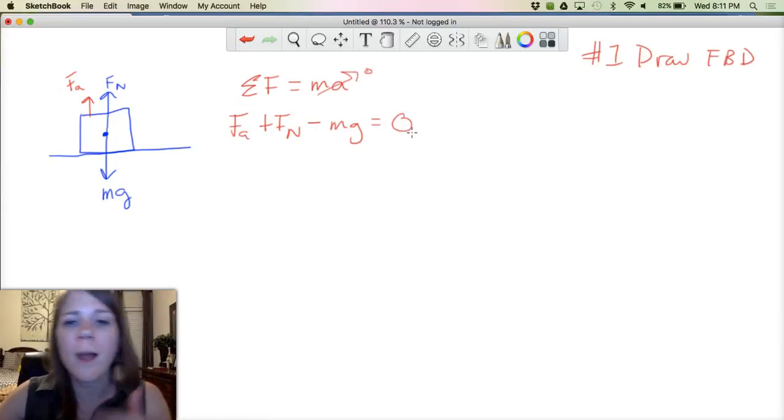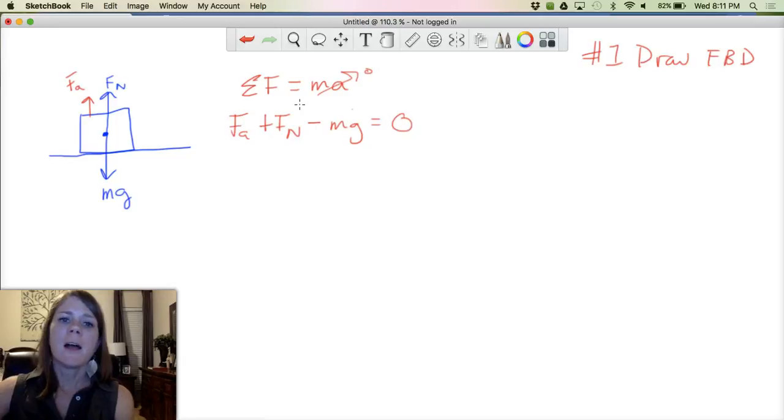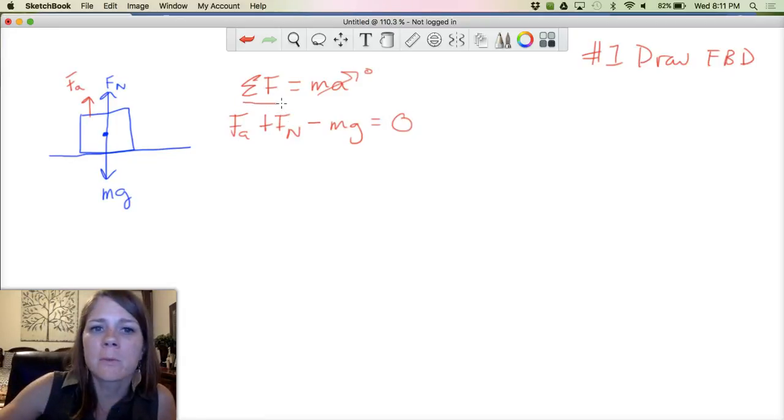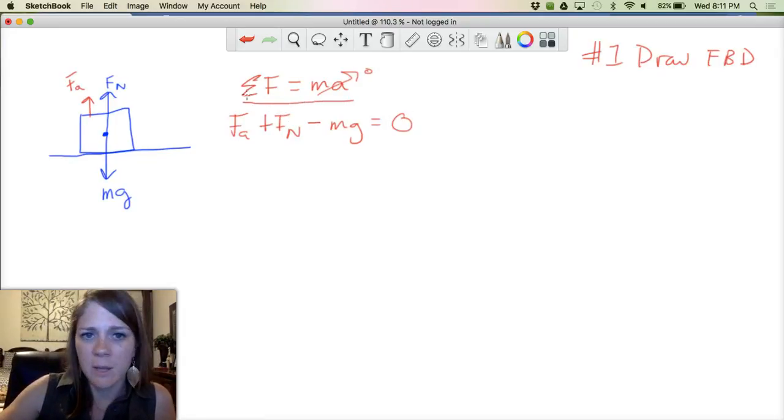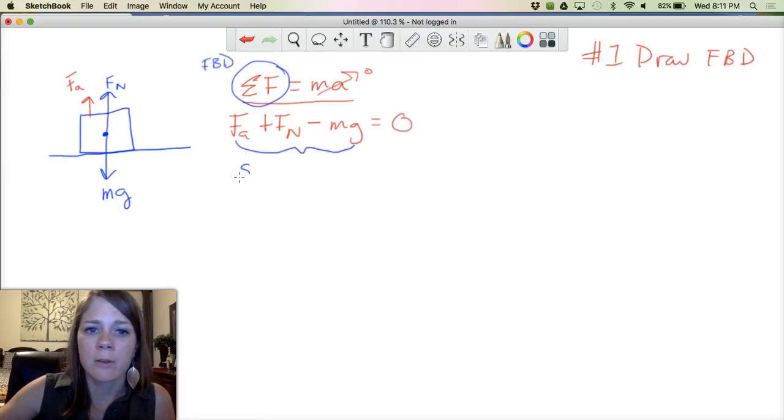So this whole right side of the equation will equal 0. I know we start a lot of problems with sum of F equals ma. On the left side of that equation is where you're going to look at your free body diagram to sum up those forces, and this right here would be your summation equation.